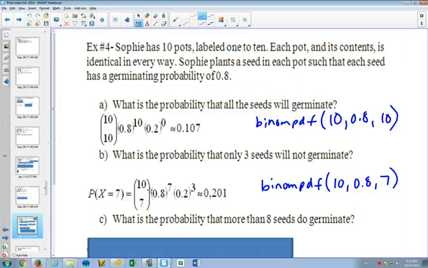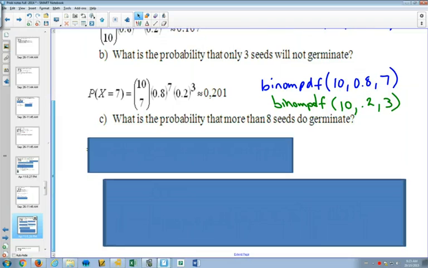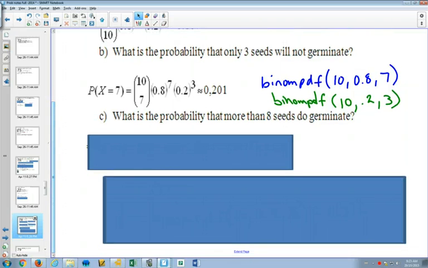Did anybody use the 3, but now said, I want to consider success when they don't germinate, because you could fill it out this way as well. 20% that they won't germinate, I want to find 3 of them. So 20% chance that you'll get 7 plants.